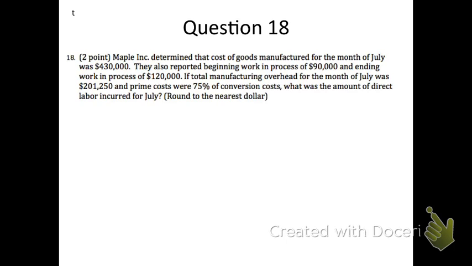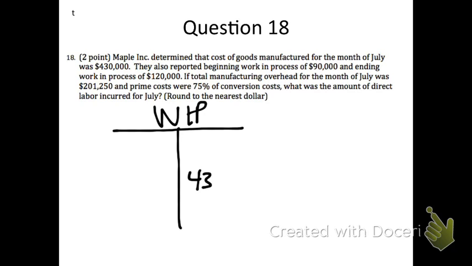So here, what we're trying to determine is direct labor. So you're really working with your work in process T account here. So we can just put in what we know. Cost of goods manufactured for July we know is a credit to work in process.